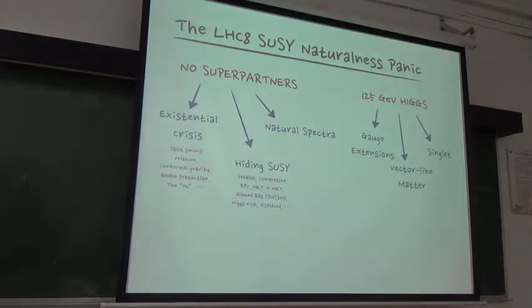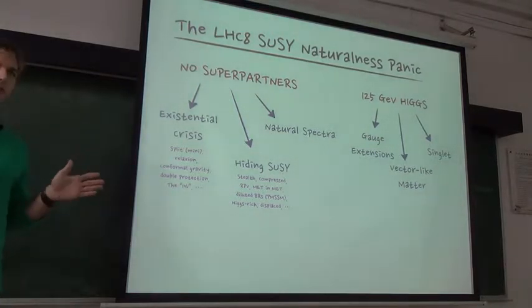Good. So the other thing that we should worry about then is that in supersymmetry, because all of the interactions of the superpartners are related to the interactions that we've already measured of the standard model particles, there's actually a precise constraint on what the allowed masses for the Higgs boson are.